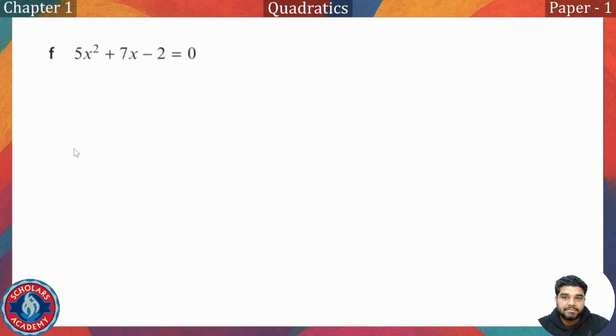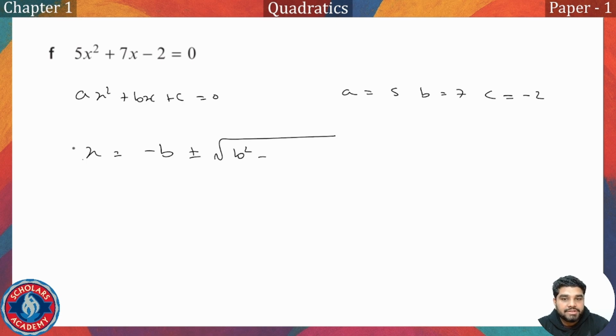Next question, f part, comparing it, ax square plus bx plus c is equal to 0. a is equal to 5, b is equal to 7, c is equal to negative 2. Substituting these values in the quadratic formula, x is equal to minus b plus minus root of b square minus 4ac by 2a.